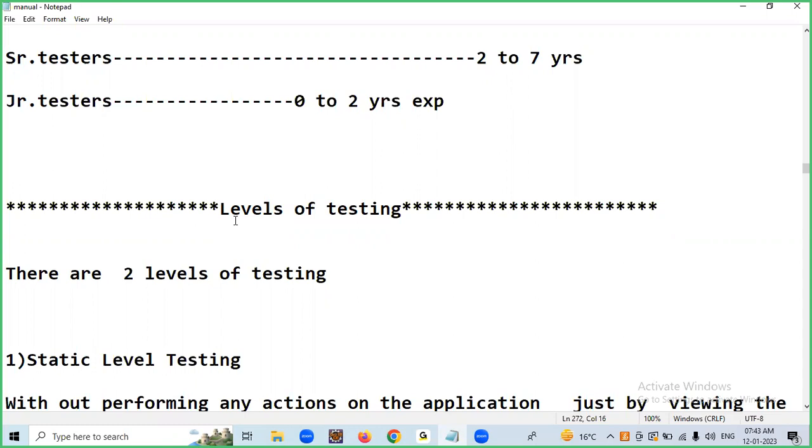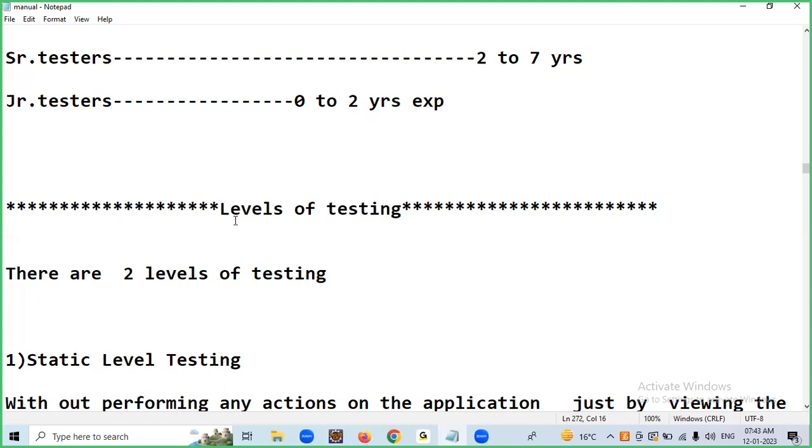What are those? Static level testing and dynamic level testing. So basically there are two levels of testing, guys, static and dynamic level testing.